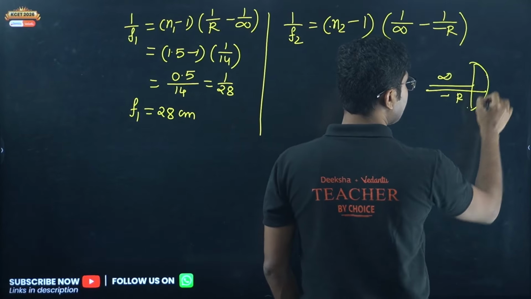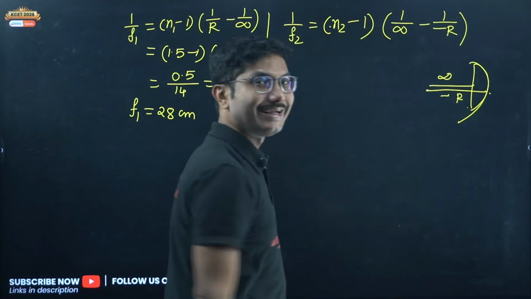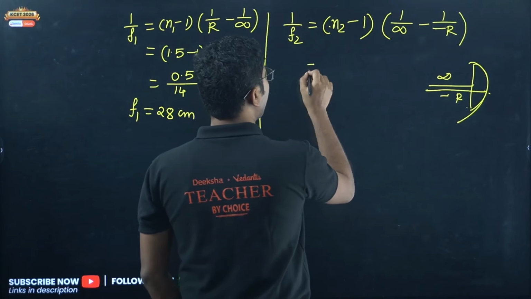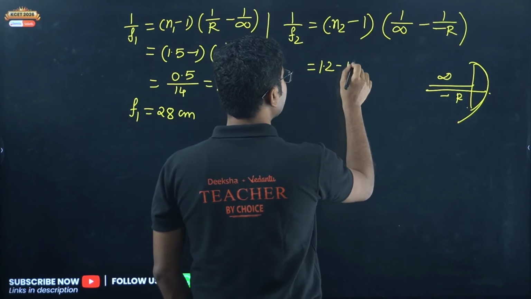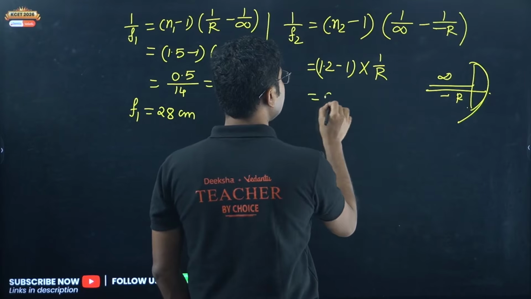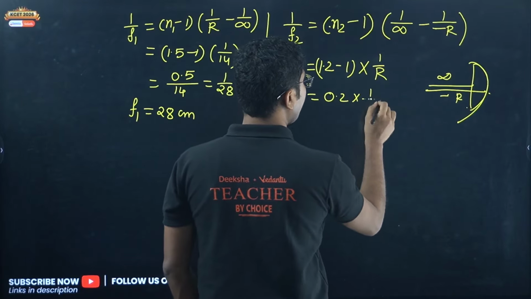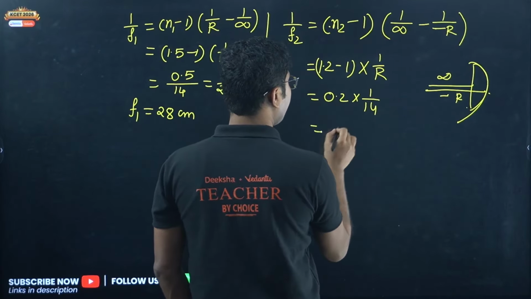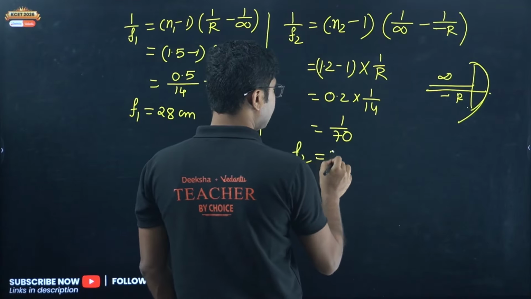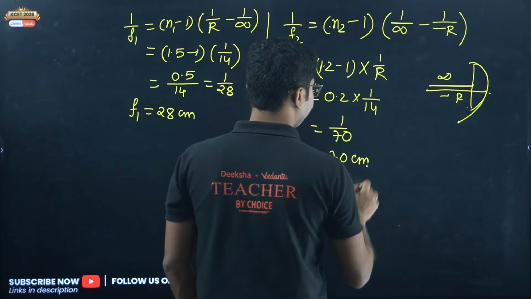This is a radius of curvature, so the radius is on this side, so that's why it is minus, and that's why you put minus over here. So 1.2 minus 1 into 1 by r, or 0.2 into 1 by 14, or it will be 1 by 70. So f2 equals 70 centimeter.